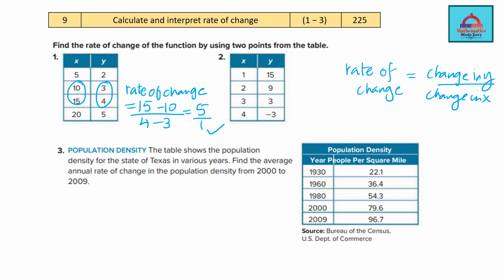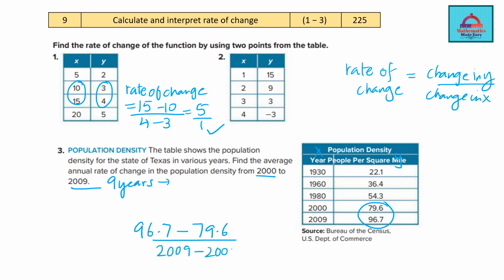Similarly here, find the average annual rate of change of the population density from 2000 to 2009, which means this is 9 years. So this is x, this is y. So what is the value? 96.7 minus 79.6 over 2009 minus 2000. So this is 9 years for sure. And now you subtract the decimals.